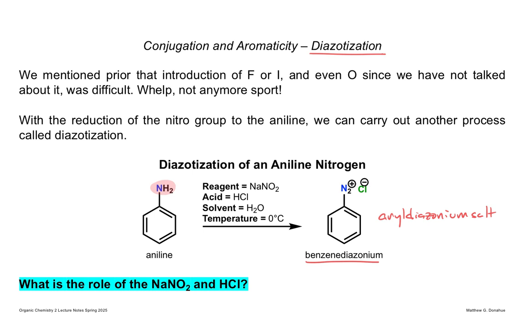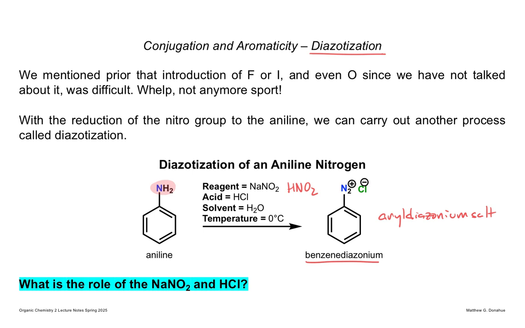So sodium nitrite plus HCl and water generates nitrous acid, HNO2. The HNO2 then reacts with the amine group. And notice the structure of that diazonium. It's now N2+. So somehow that nitrous acid is transforming the amine into N2+.